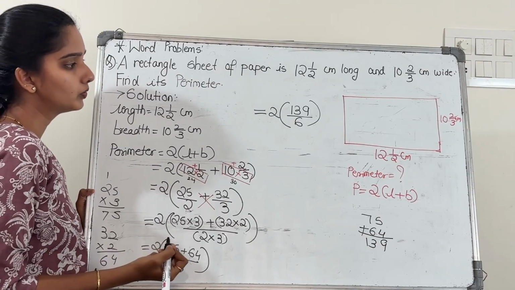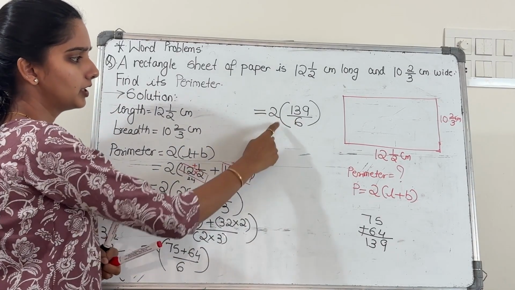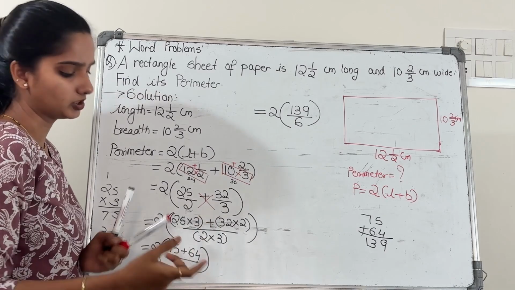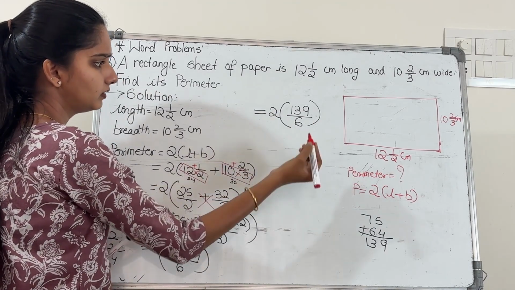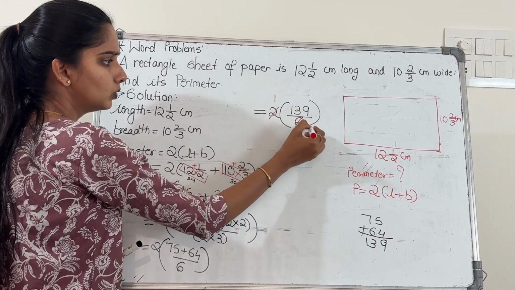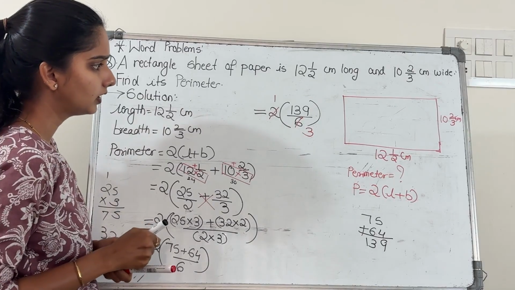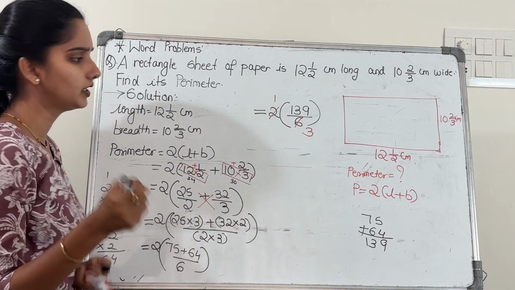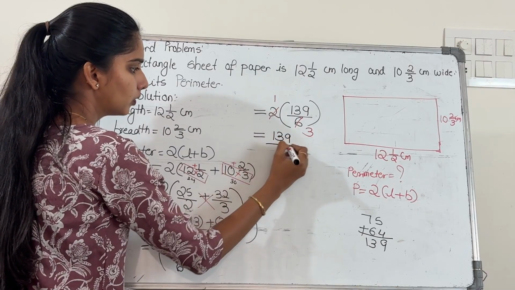Now the bracket means multiplication, so I can cancel: 2 and 6 come in one table, 2 1s are 2, 2 3s are 6. 139 and 3 do not come in one table. So my answer will be 139 upon 3.